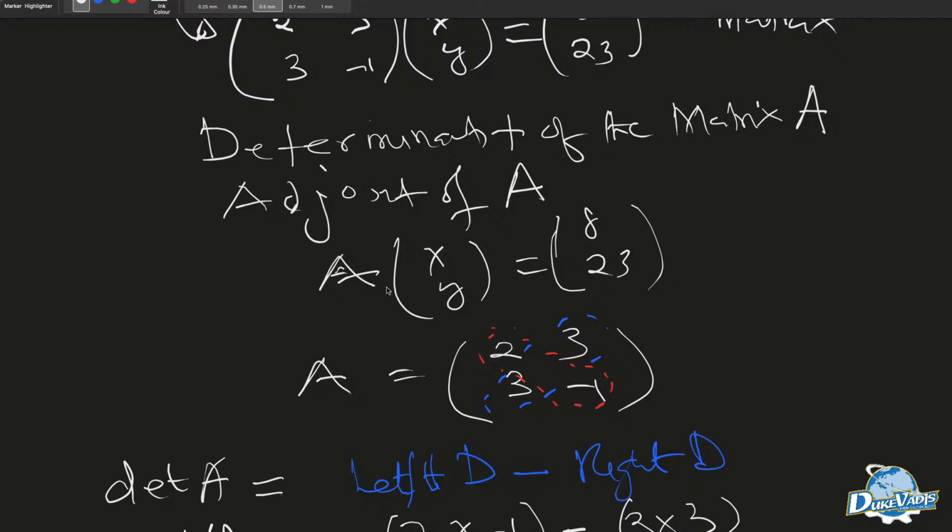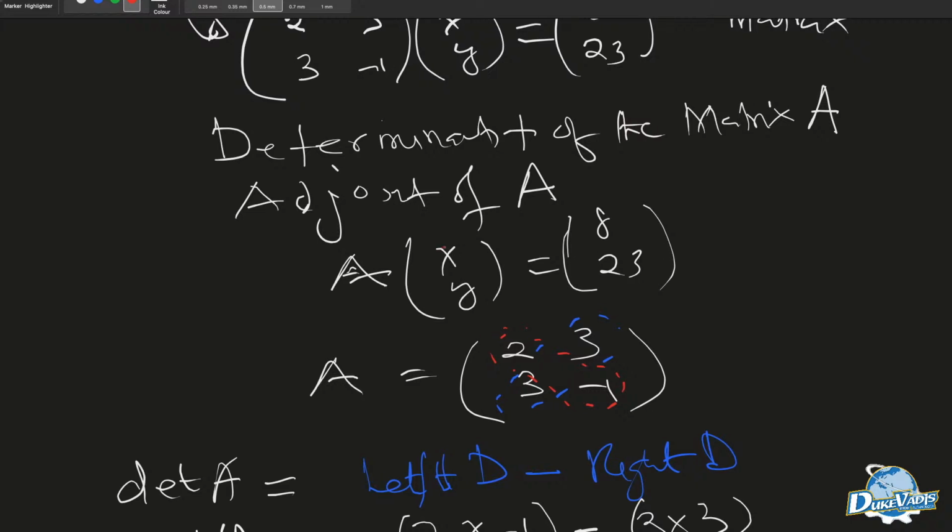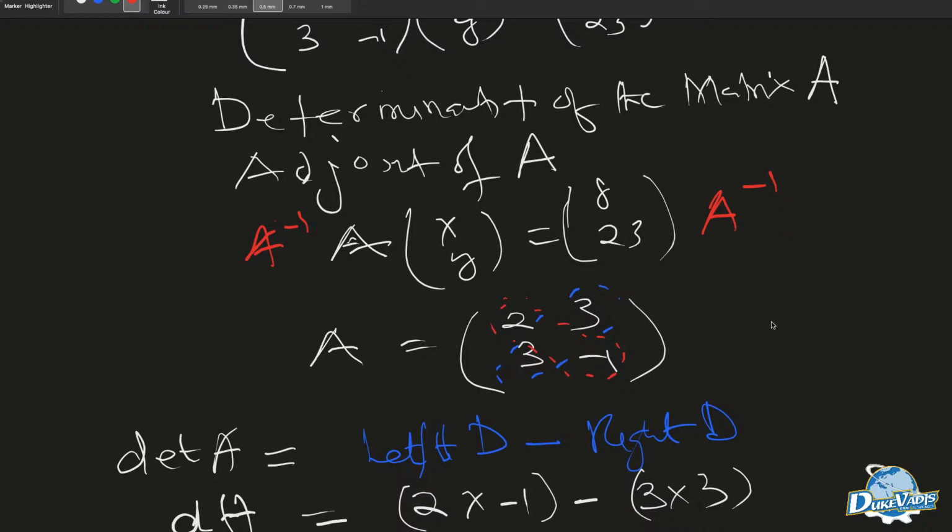When we multiplied A inverse to the right, we're going to get A inverse. Okay, so now let me show you something.